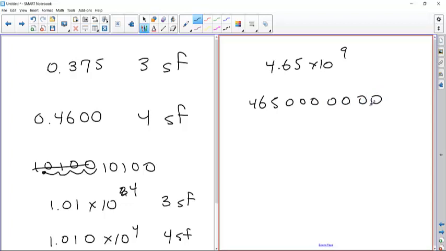Is that right? 1, 2, 3, 4, 5, 6, 7, 8, 9. So I could write it like this, but I could write it in more compact notation using scientific notation, and if I just had 4.65, then I would know that it's 3 significant figures. Okay, so that's how you determine significant figures.